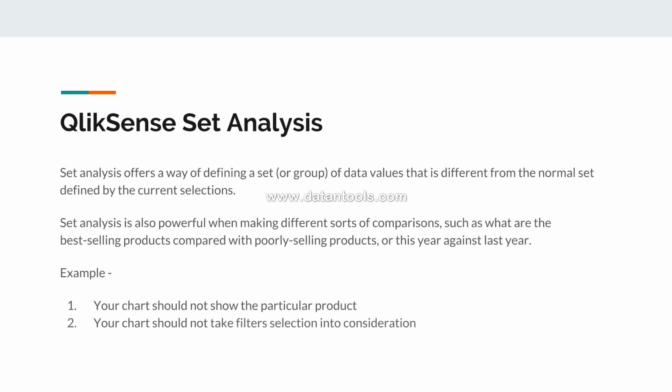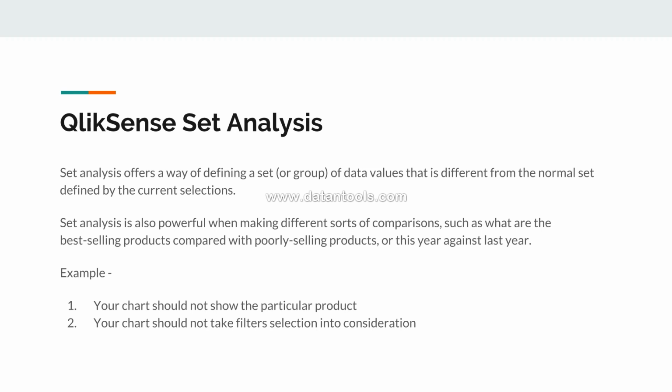Similarly, your chart should not take some filter selections into consideration. Whatever filters you are using to make changes to the chart, let's say you have 5 charts on the front end, you want 4 charts to take the filter selection into consideration, but not one particular chart, because you want to show the entire picture compared to how you are making a selection and the values that are changing in the chart.